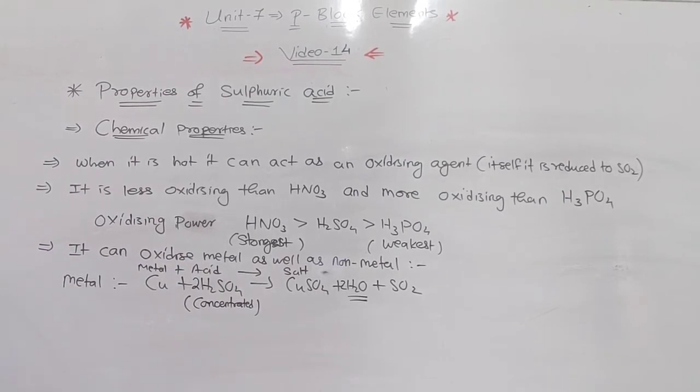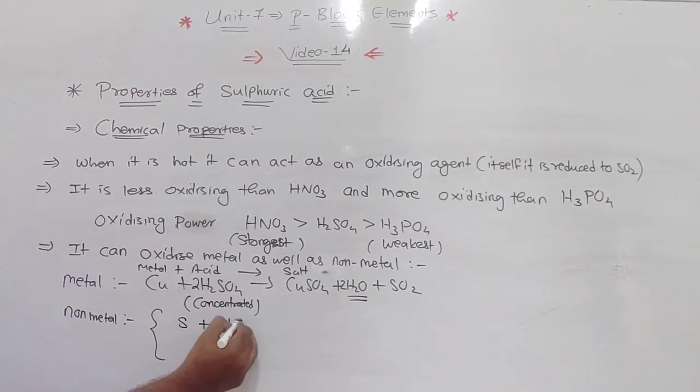Then next with the non-metal. So for non-metal there are 2 reactions. Reaction number 1, sulfur S plus H2SO4. Then carbon C plus H2SO4. This is another with a non-metal.